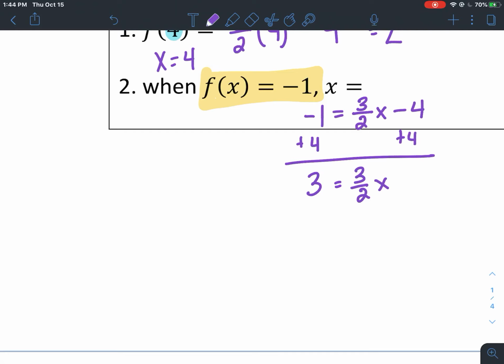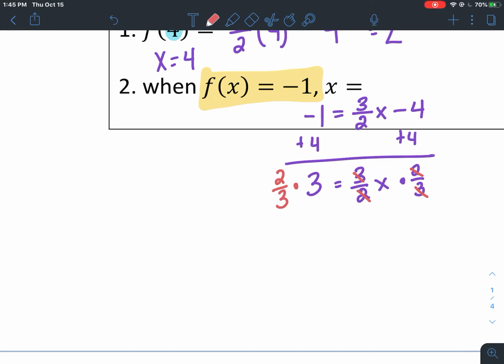And then how do I get that 3 halves to the other side? Well, right now it's 3 halves times x. So I need to divide, which is the same thing as multiplying by the reciprocal, because then the 2's cancel and the 3's cancel, and I'm left with 1. So I'm going to multiply both sides by 2/3.